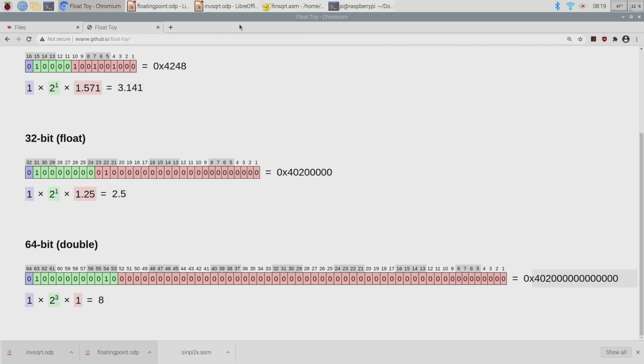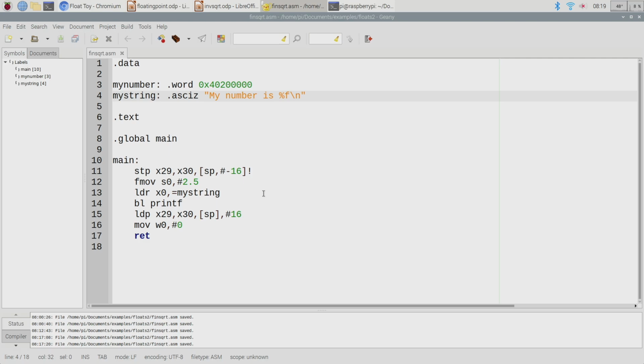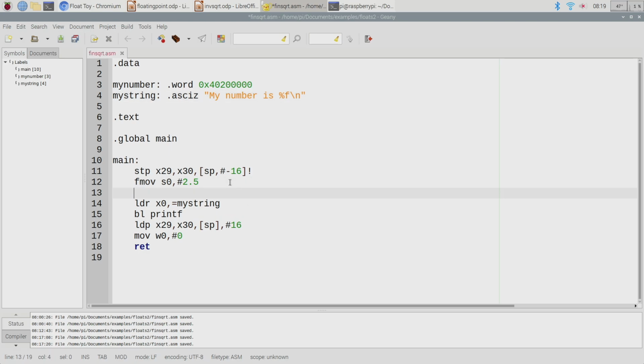Okay, so what we have to do instead is just convert, and the way that we do that is with fconvert. So what that will do is take either a 32-bit thing and 64-bitify it, or vice versa, at the risk of course of truncation, right?